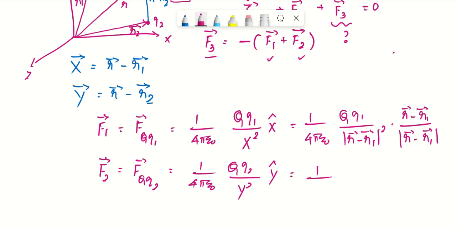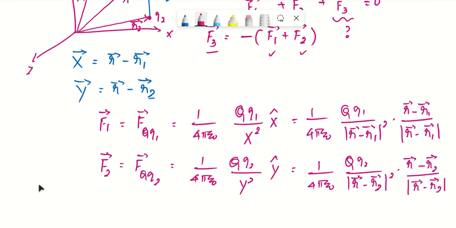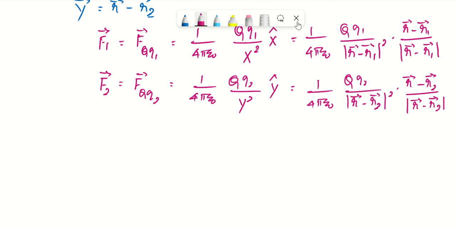That is 1 by 4 pi epsilon naught, Q2 divided by modulus of R vector minus R2 vector, whole squared, and Y cap vector can be written as the vector divided by its modulus. That's all. We found F1 and F2. We have to sum them now.